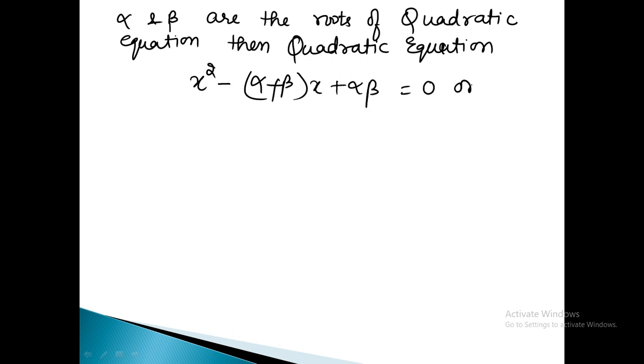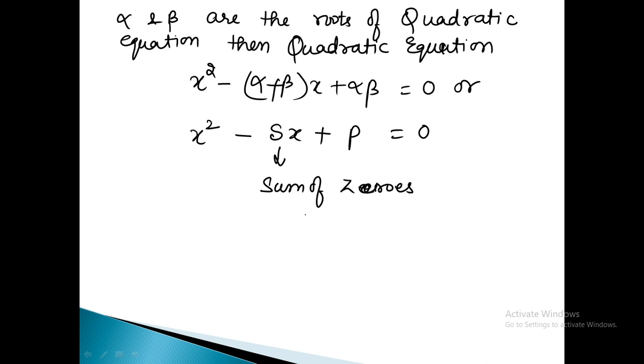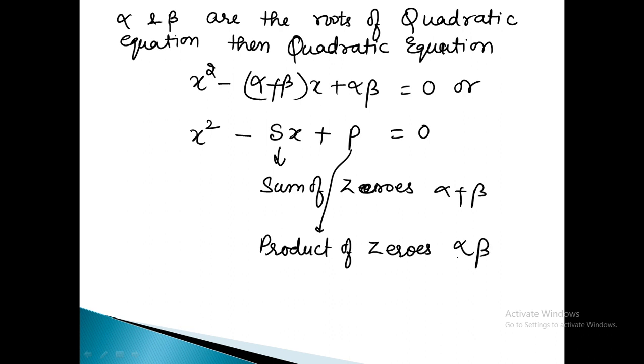Or you can write it like this: x square minus Sx plus P is equal to 0. S means sum of zeros, that is alpha plus beta, and P represents the product of zeros, that is alpha into beta.